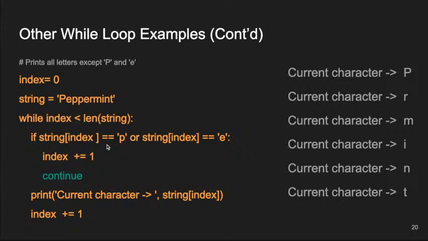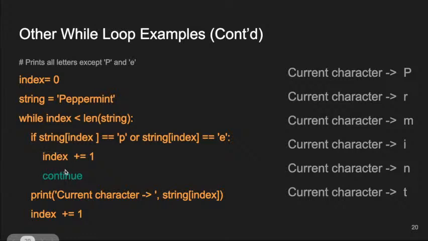Basically we are checking if the character we are on is either p or e, either of these. The continue keyword, once it gets here, instead of going down to the remaining part of the code, goes back to this condition. That's what continue does.